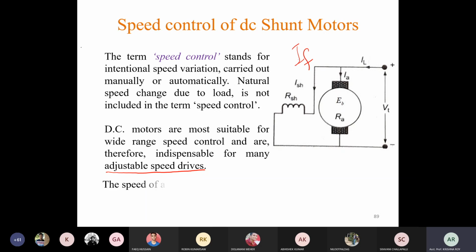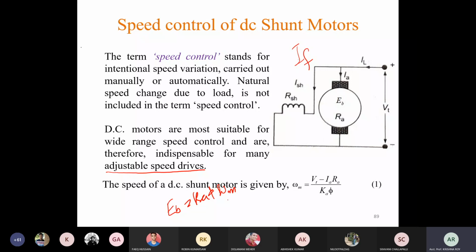Okay, so here the speed of this DC motor can be expressed by this equation. We know this omega m, the angular speed in radian per second, is equal to back EMF EB by Ka phi. We know the expression of EB is equal to Ka phi omega m.